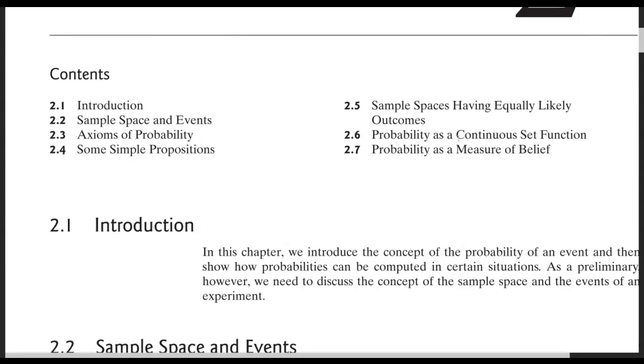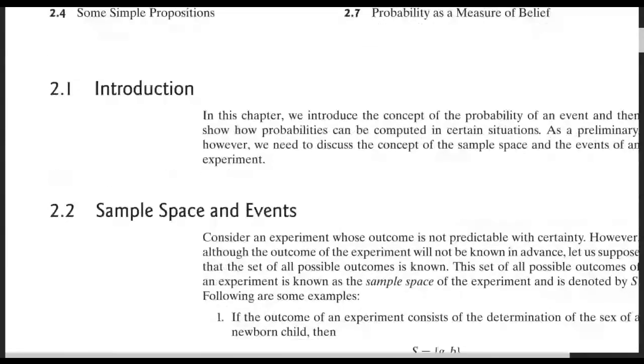Then probability as a continuous set of functions, that's very interesting. We'll see later on we have probability models. When we apply life applications, we're looking for some probability models to fit in. Then probability as a measure of belief. All right, so we're going to cover this.